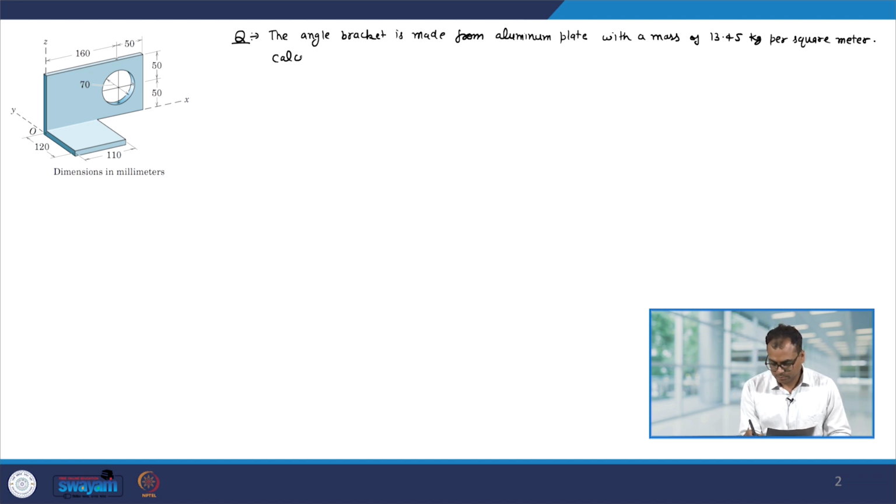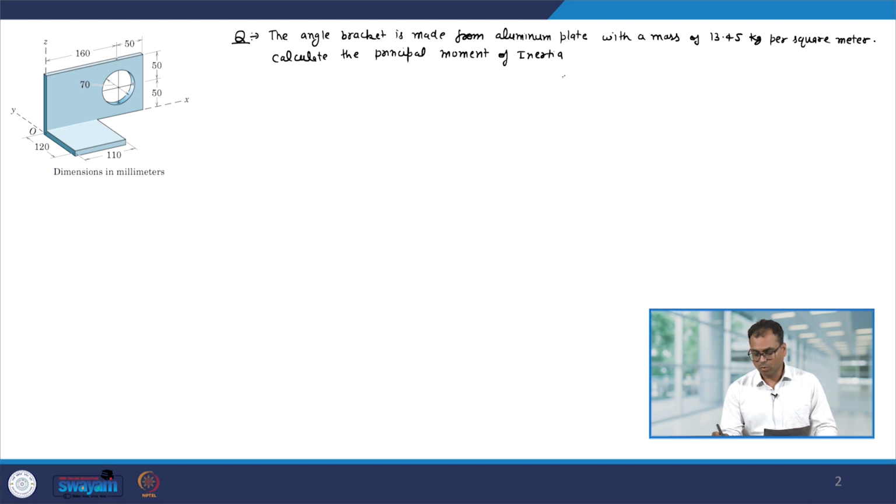Calculate the principal moment of inertia about the origin O and the direction cosine of the principal axis of inertia.